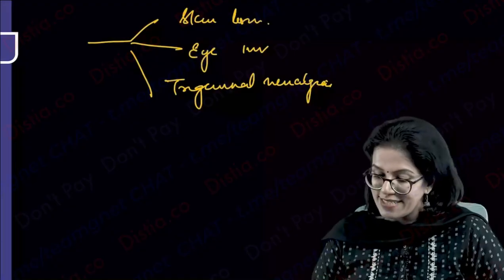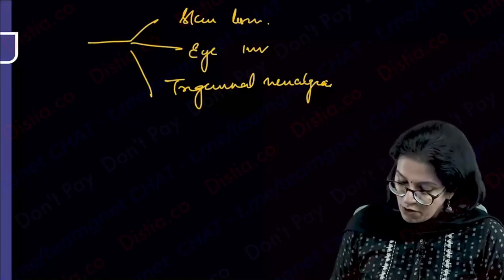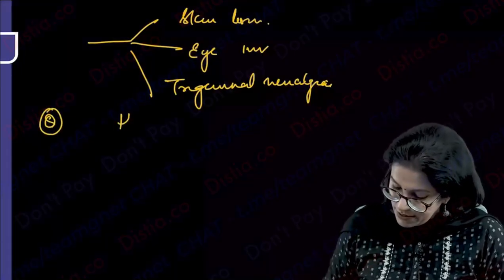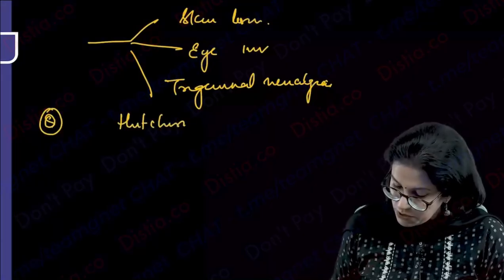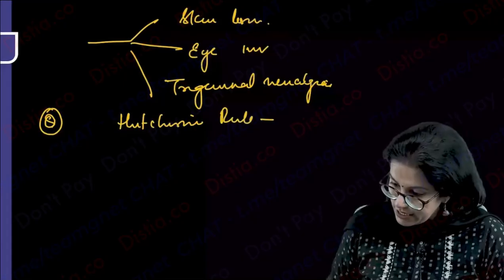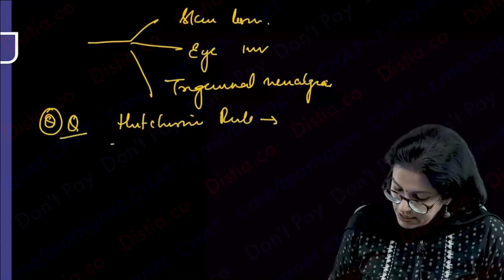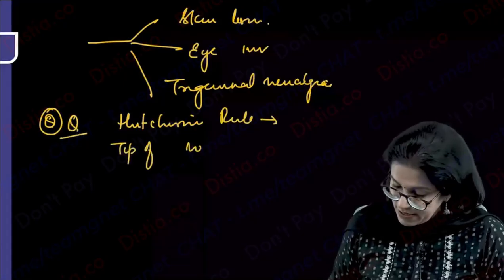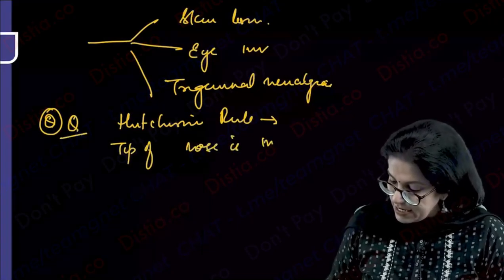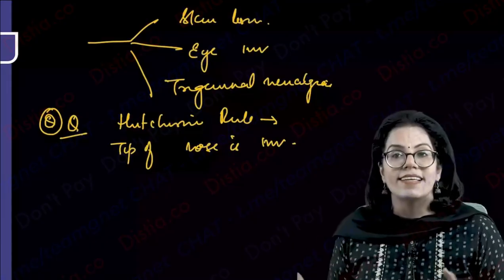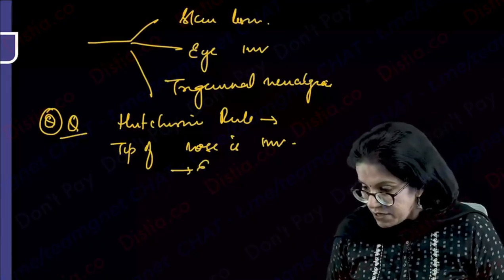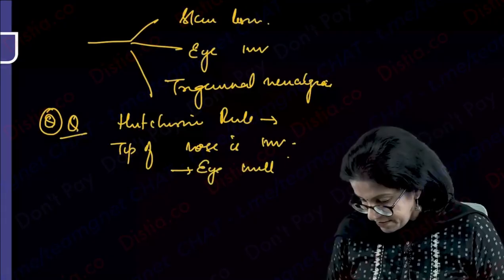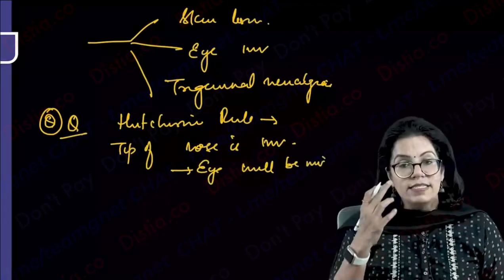Now, first important thing, what is Hutchinson's rule? This is an important exam question. Hutchinson's rule says that if the tip of the nose is involved in skin lesion, then the eye will be involved. And why is it a rule?